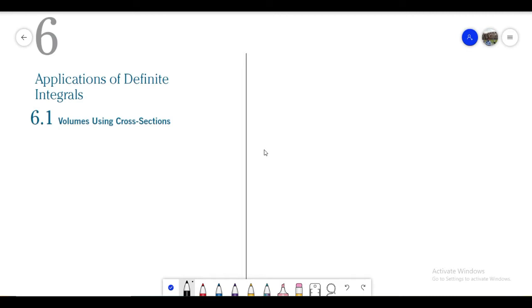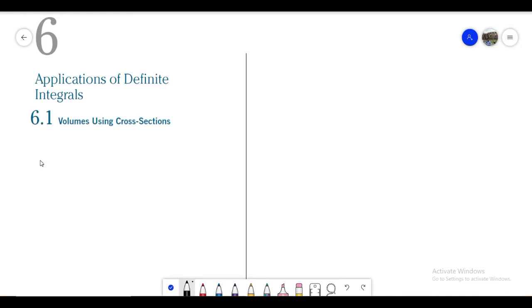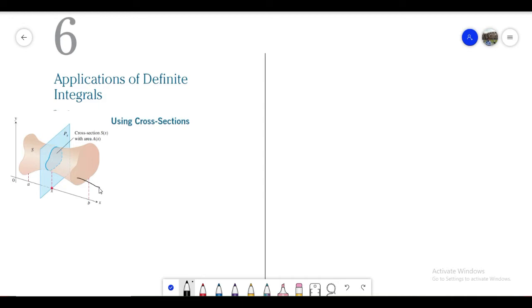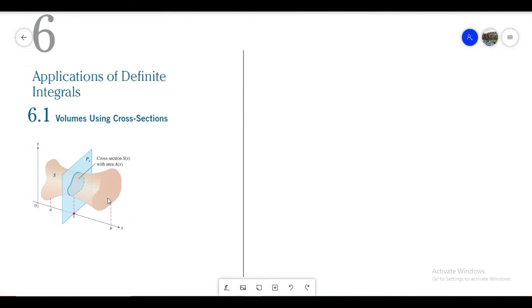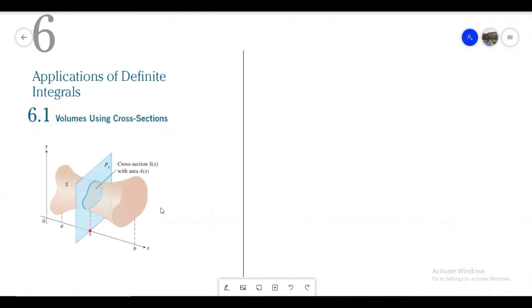A cross section of the solid S can be defined like this. For instance, if we have this solid, you see this solid is lying on the x and y axes. If I consider the cross-section area on the x-axis, you see there is a plane.